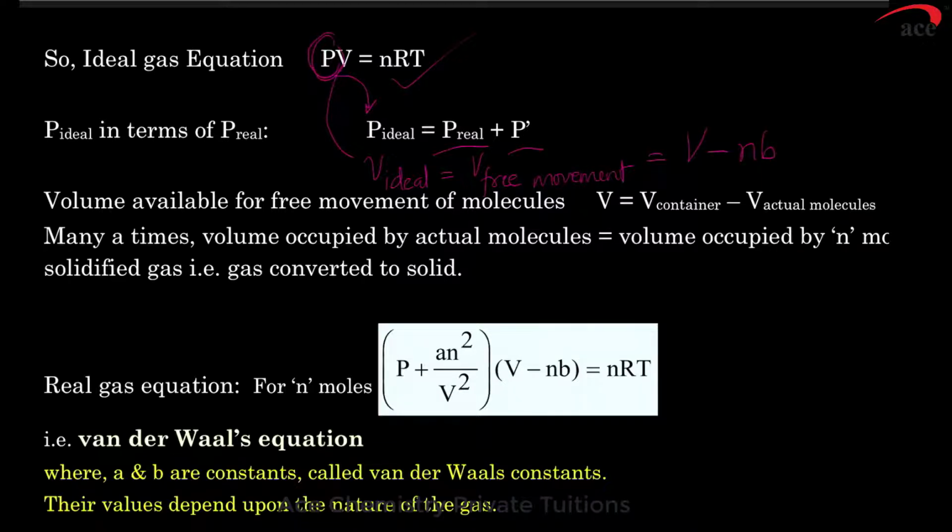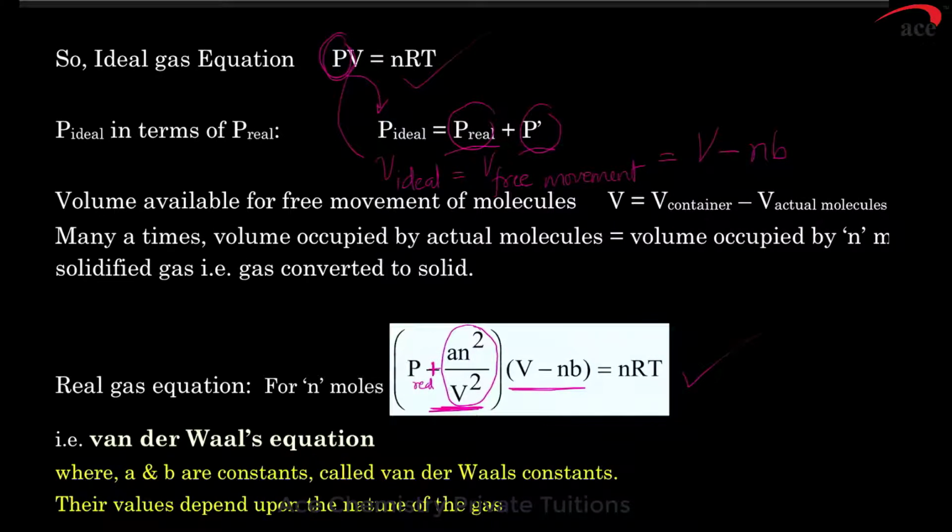So the pressure is the real pressure plus an extra factor. Mr. Van der Waals found out that the extra factor to be added to the real pressure was an squared by V squared, and the volume is V minus nb. So that is the correction, and such an equation is now popularly known as the Van der Waals equation.